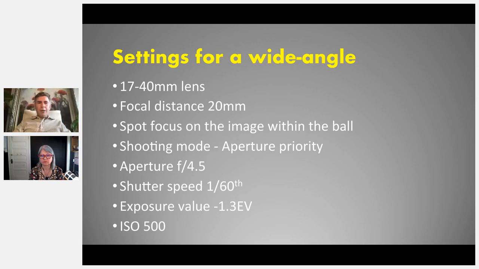And a shutter speed of 1/60th to keep the shutter speed fast enough to prevent any kind of camera shake. An ISO 500 is used here so that I can maintain that dynamic of the fast-ish shutter speed with the aperture I've used. And I've underexposed this photograph.